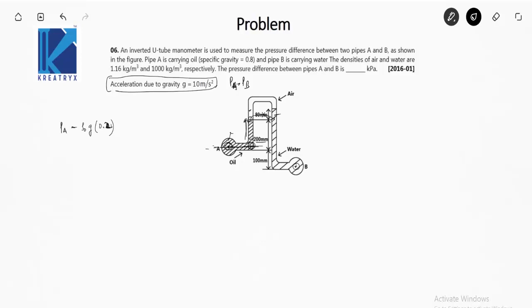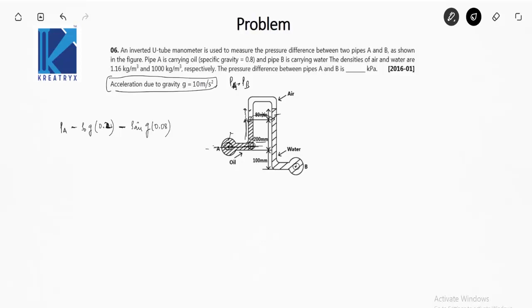So you have to travel 80 mm more. The pressure will again decrease because you are traveling upwards, that is minus rho of air g. The distance is given as 80 mm, that is 0.08 meter.